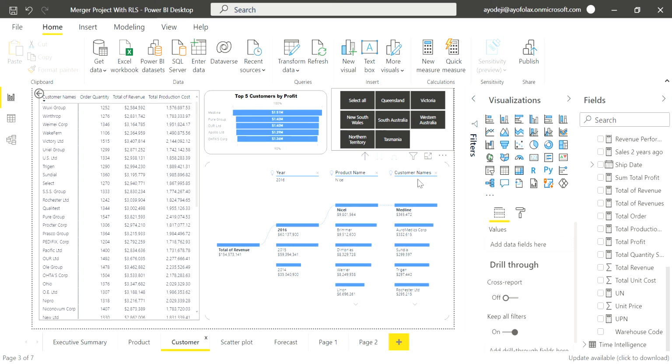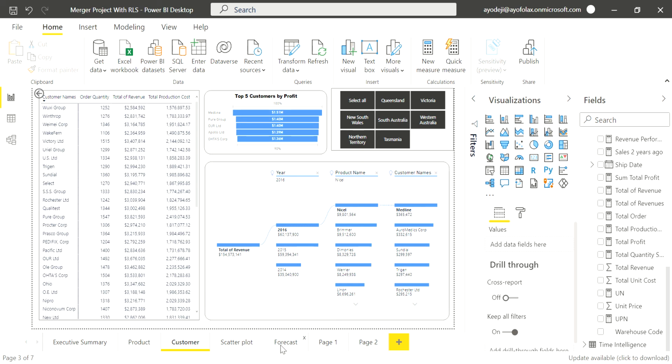This is quite interactive, as you could look at what each product is bringing and what each customer is bringing to each product, and it could also be filtered by each of the territories across the regions.